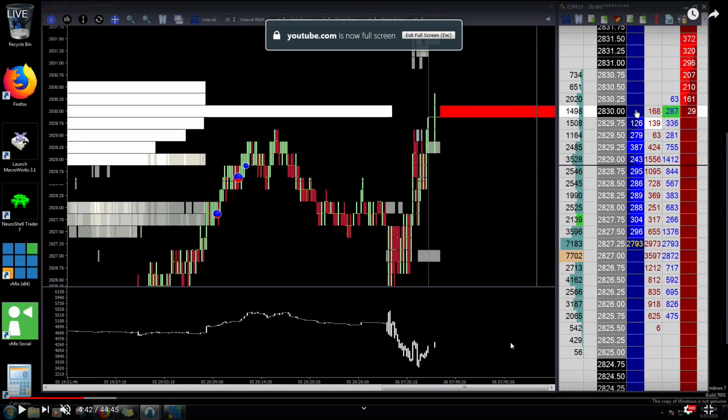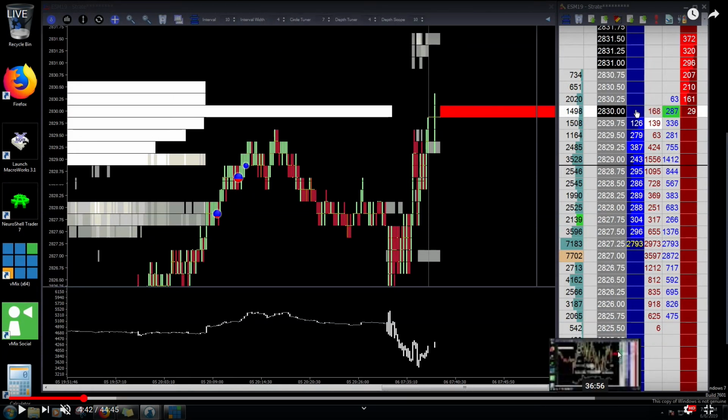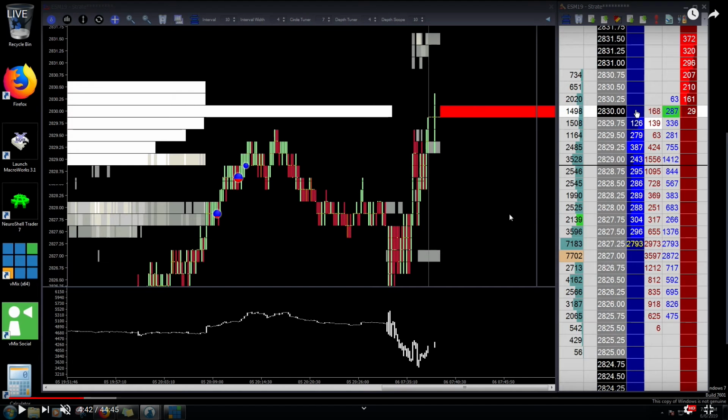It's not going to work out as well. This play will work out ideally when the volume profile isn't overextended, okay? So just understand that. And if you're not quite getting what I'm telling you, rewatch this video. So without further ado, let's go into a breakout to the high.